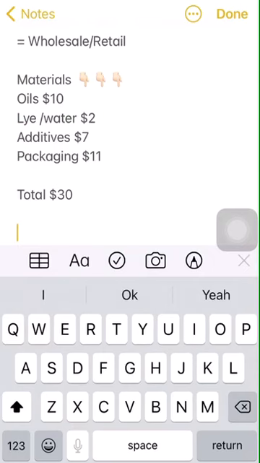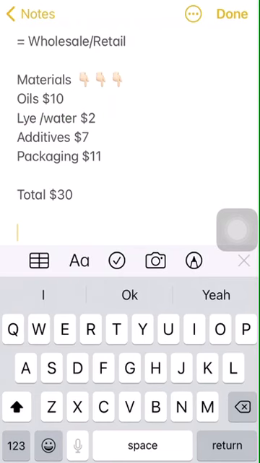Alright, so depending on the size of your soap, if you want to cut your soap 1 inch, I think you might get 10 bars. If you want to cut it 1.5 inch, then it will be less than 10 bars. So let's just assume we are cutting it at 1 inch, so we'll be getting 10 bars.